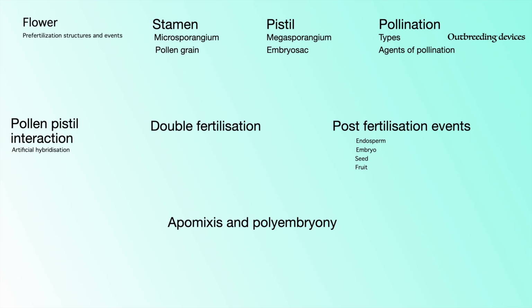The embryos developed by the nucellar cells are diploid and the embryo developed from the egg cell of the embryo sac is haploid. So such species contain both types of embryos. And occurrence of more than one embryo in a seed is referred to as polyembryony.